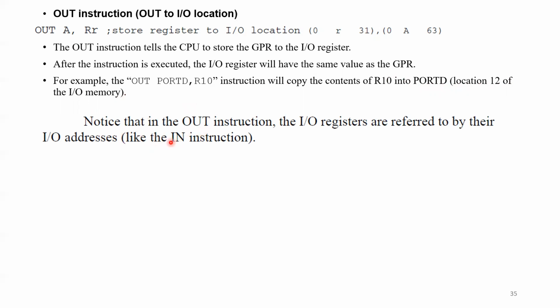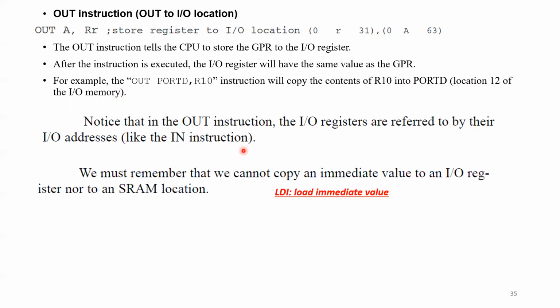Notes: for the output instruction, the input-output registers are referred to by their input-output address, like the input instruction. So we refer to the port by address, okay? We must remember that we cannot copy an immediate value to the input-output register, nor to an SRAM location.